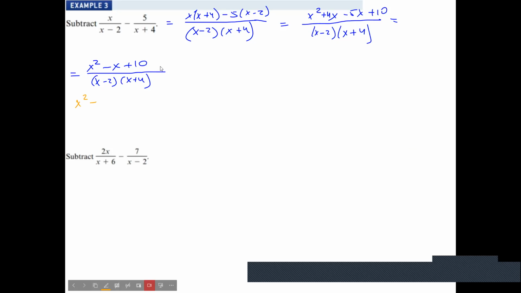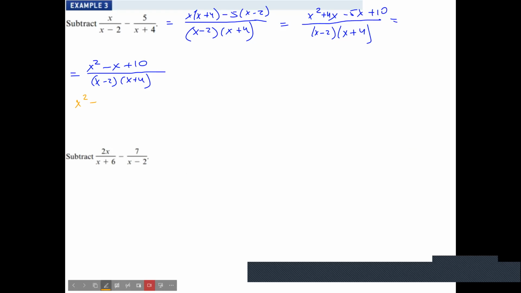No, 10 and 1. Hold on a second. No, it's not going to work like that. 10 and 1 doesn't work. 2 and 5 doesn't work. What works? That's it. I don't have any other multipliers.